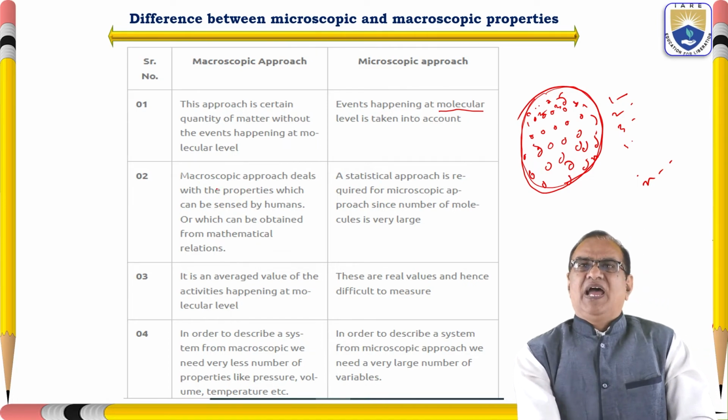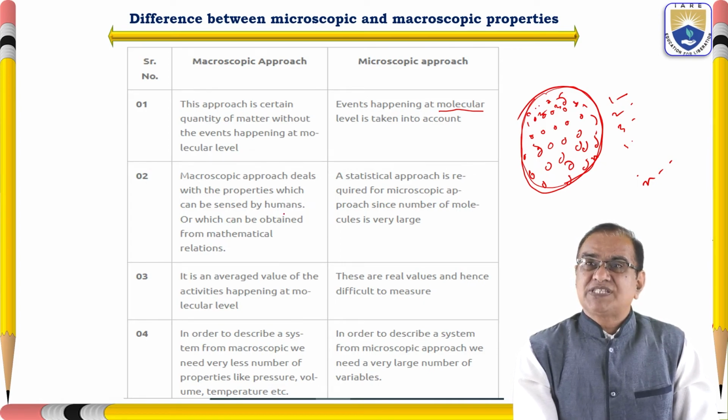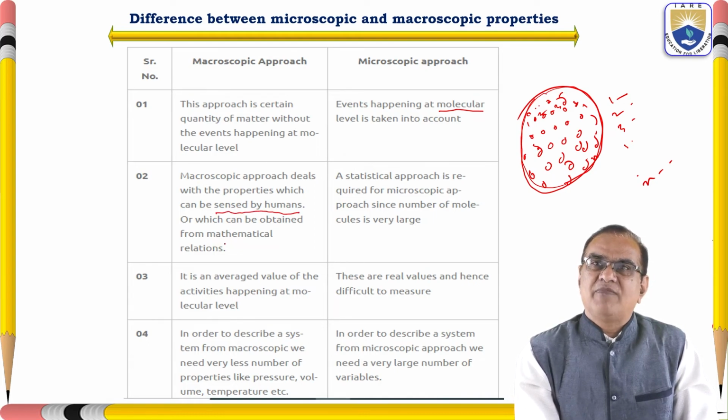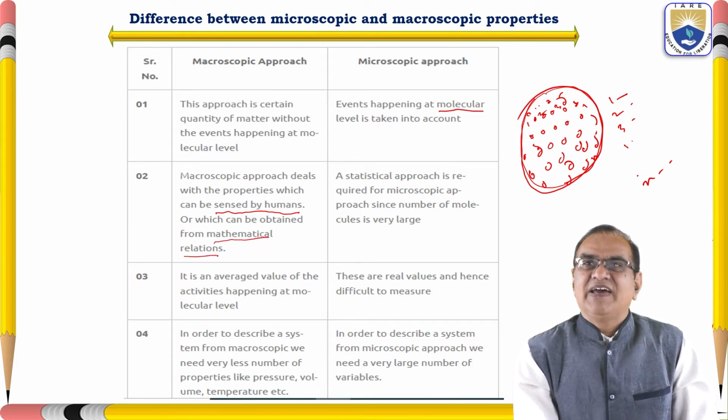The second point is that the macroscopic approach deals with properties which can be sensed by humans. These properties can be sensed by humans, or we can measure them, or we can obtain them from mathematical relations.